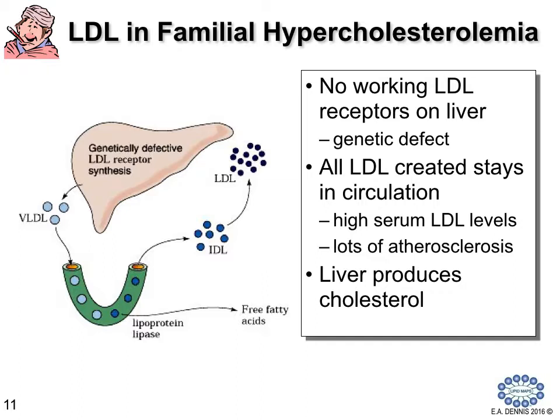So one develops a high serum LDL level. It leads to lots of atherosclerosis, and the liver produces its normal amount of cholesterol and is not downregulated.